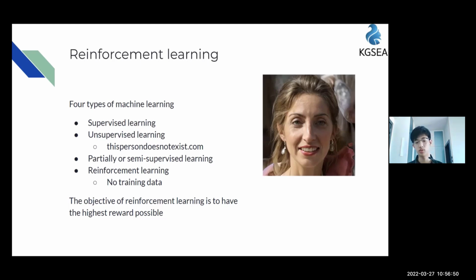Okay, next is partially or semi-supervised learning. This is, in a way, a more practical way of doing supervised learning because you need to give an answer for supervised learning. And when you're trying to make a good AI model, you need to feed a lot of data, like tens of thousands, hundreds of thousands, sometimes millions of data points. If we're trying to make a model that can recognize objects through images, it's really time consuming for the developers to label 2 million photos saying that's a cat, that's a dog, that's a cat again.